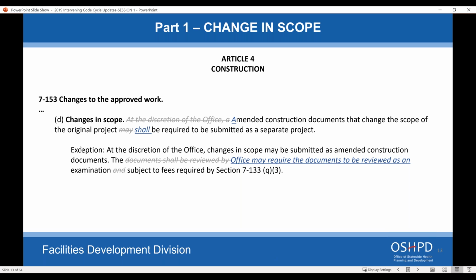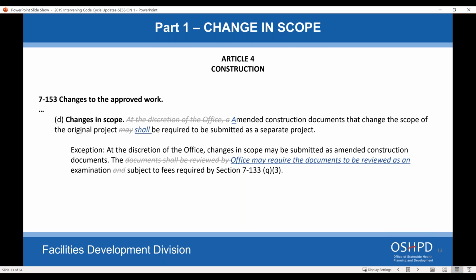This section is similar to what we said during plan review. If you make major scope changes, that has to be submitted as a new project. This is for ACDs, or amended construction documents. If there is a major scope change in an ACD, that's going to substantially change the scope of the project, it will be required to be submitted as a separate project.